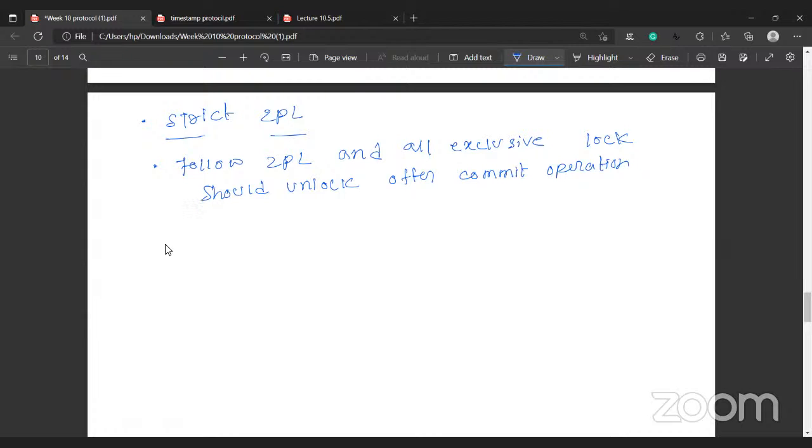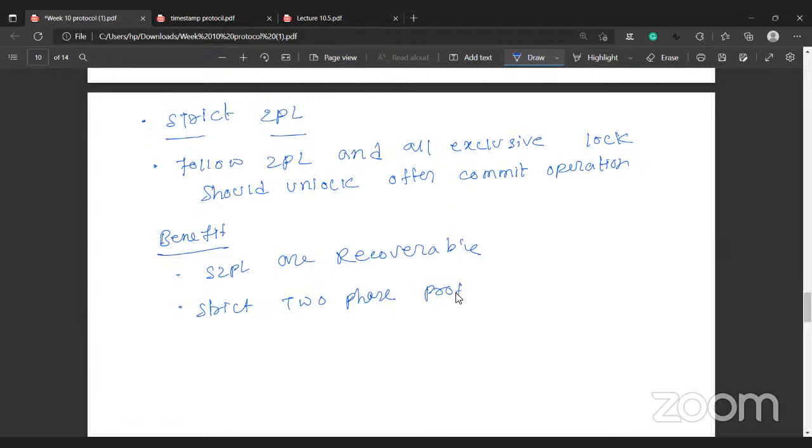And what are the benefits of strict 2PL? Strict 2PL schedules are recoverable, and strict two-phase locking protocol also generates cascadeless schedules.